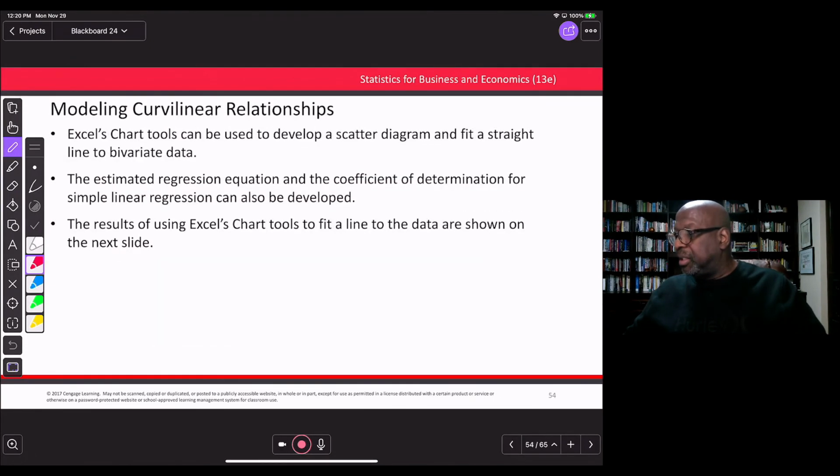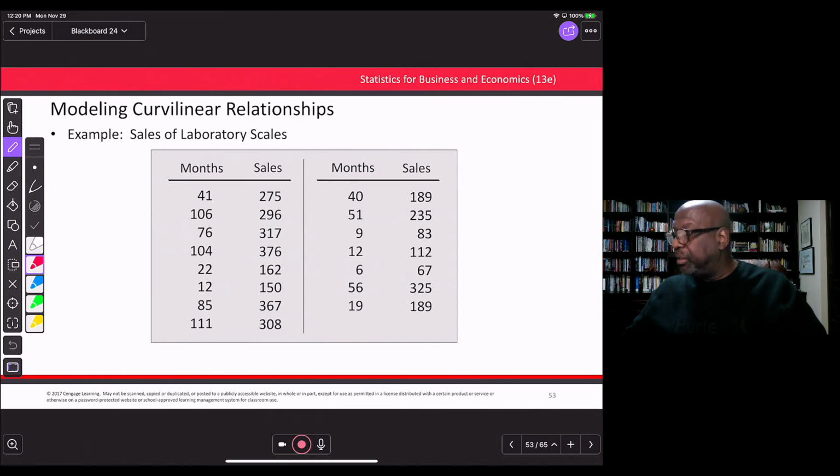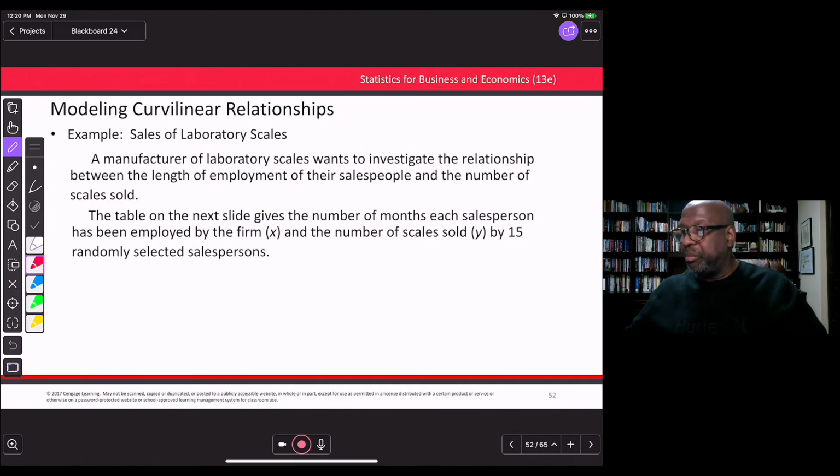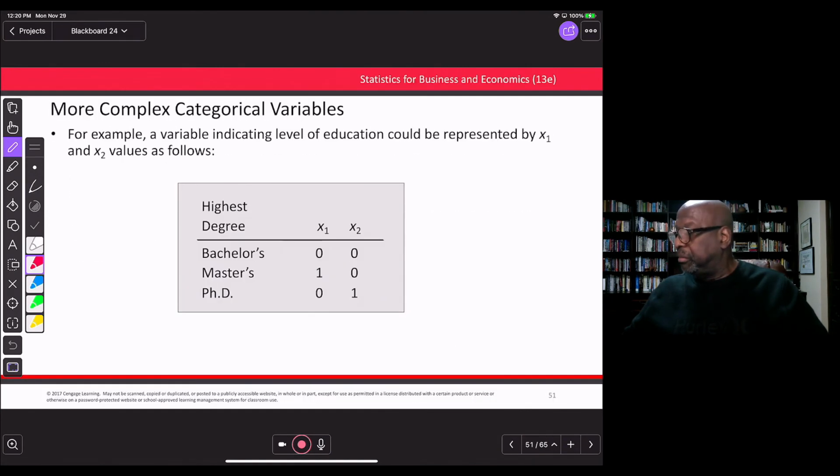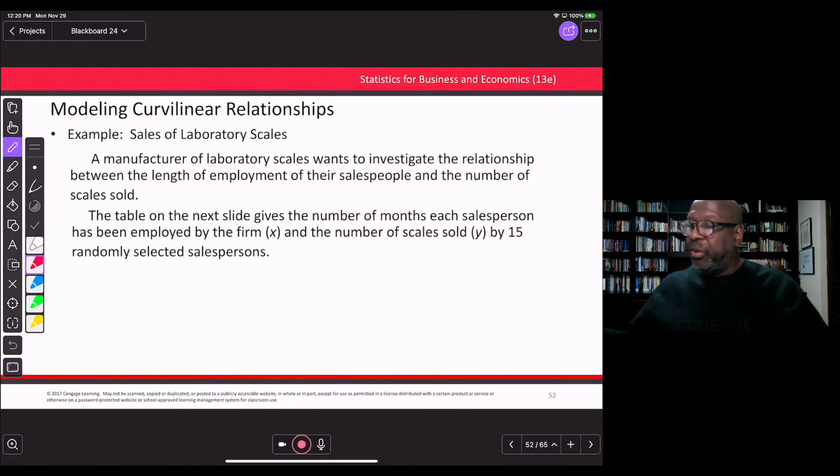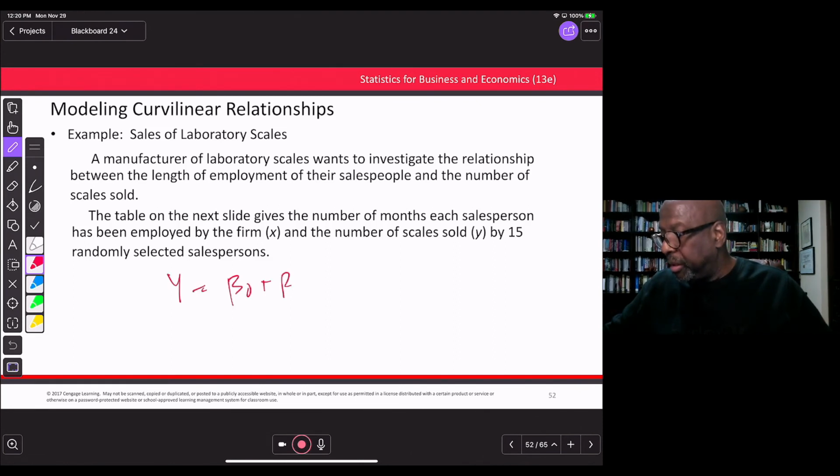Okay. I already talked about more complex variables. Last but not least is the idea that we could have a curvilinear relationship. Let me just go back to here. So in a simple linear regression, we may have something like this. Y is equal to B0 plus B1x.